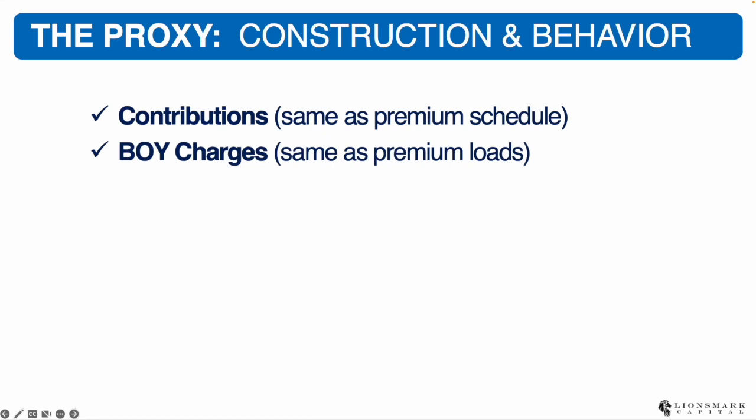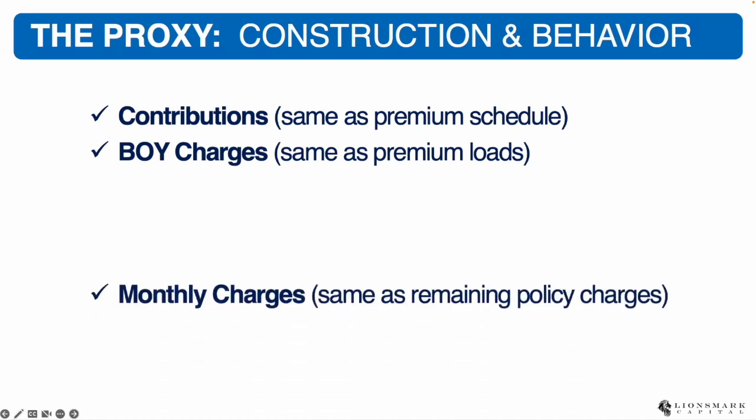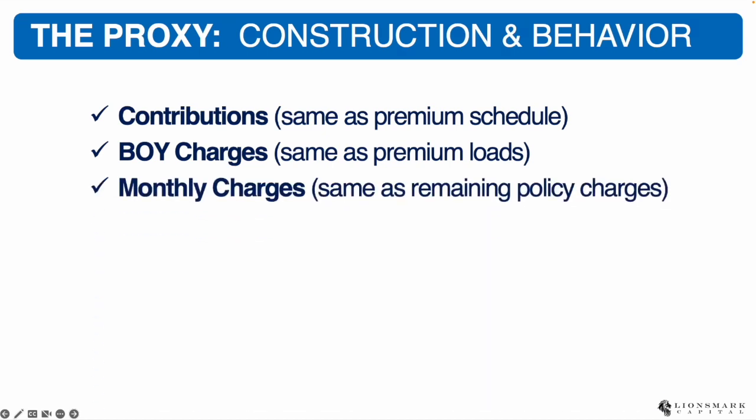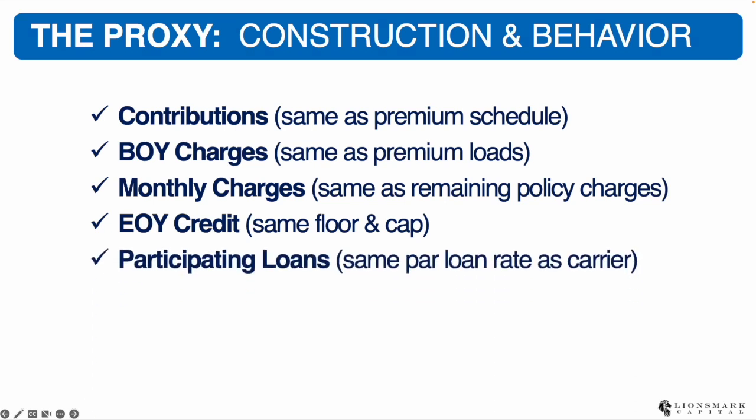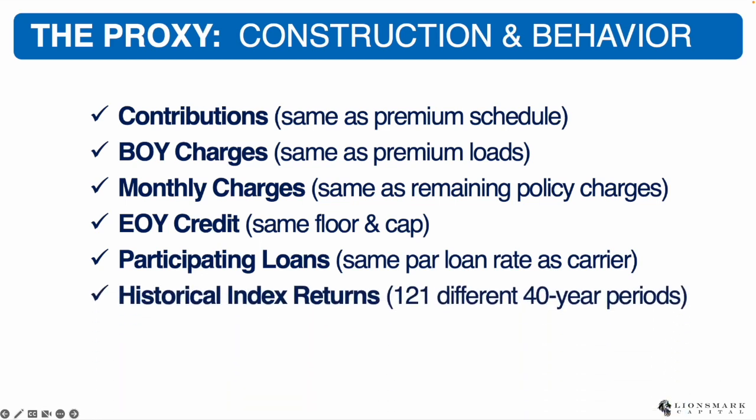The beginning of year charges are the same as the premium load charges. The monthly charges are the same as the remaining policy charges. The end of year credit would be the same as whatever the product's floor and cap would allow. We even built in a participating loan option where we can model the depiction using the same participating loan rate as the product that we're evaluating.